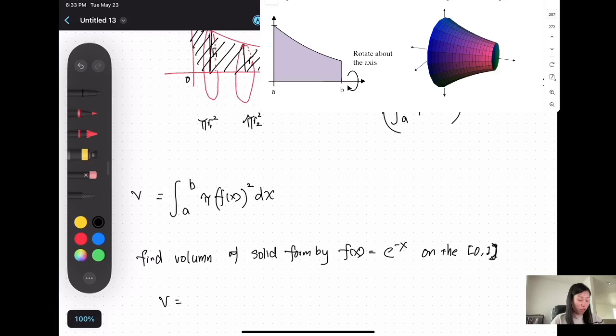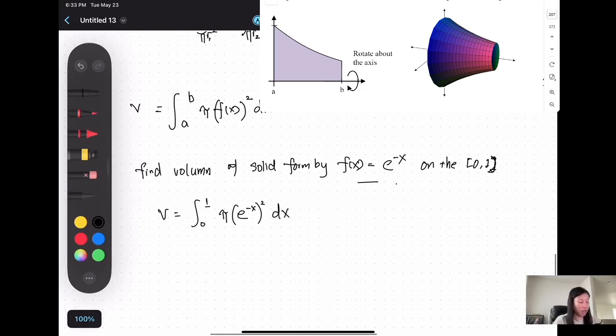The volume is going to be the integral from 0 to 1 of pi times this function e to the negative x, squared, dx. So now let's calculate that. Pi is just a constant, 3.14 and so on. So I can just pull the pi out and then integrate e to the negative 2x dx.